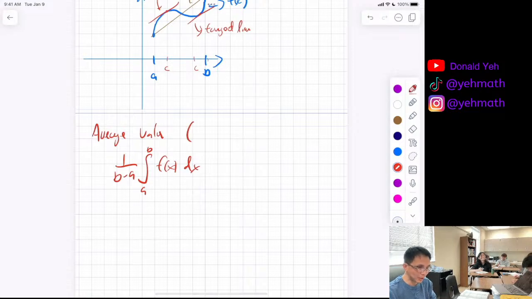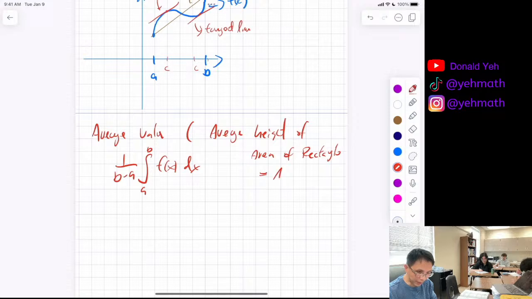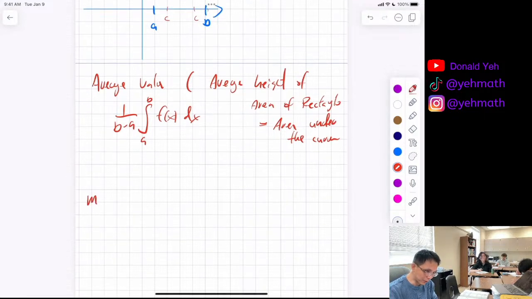That's average value, also known as the average height of the area of a rectangle equal to the area under the curve. Now, what is mean value theorem for integral?